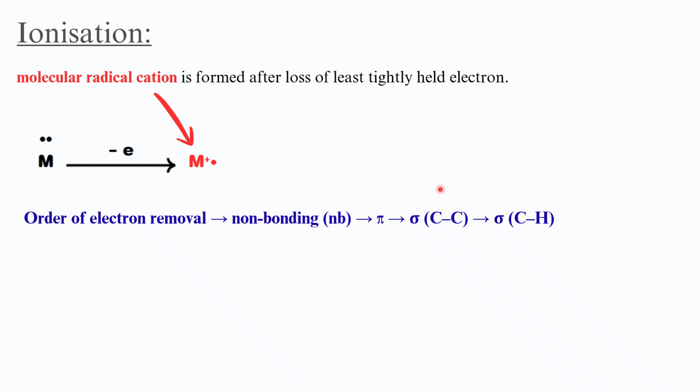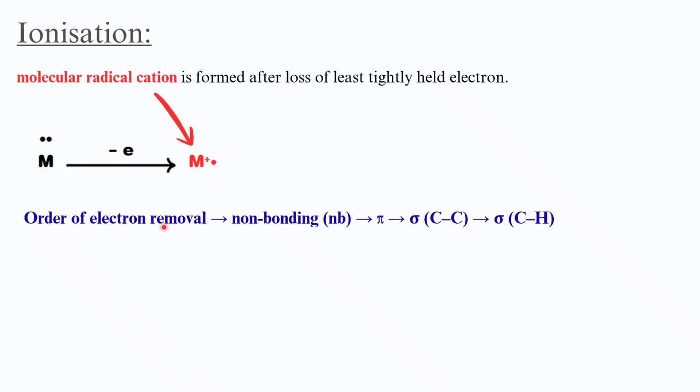So, the first step in fragmentation is ionization. Firstly, we take our organic substance and bombard it with high energy electrons, and these electrons knock off the loosely bonded electron from that organic compound, converting it into what? A radical cation. Since this is the first cation that is formed out of our molecule, we call it the molecular radical cation. This is how it looks. It has a positive charge and one unpaired electron.